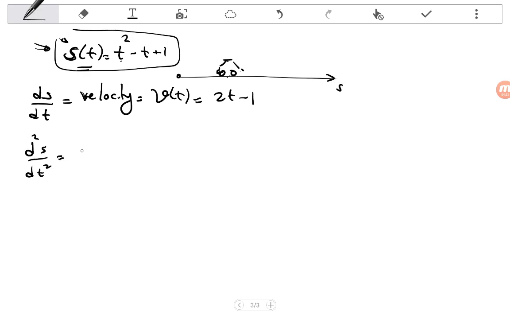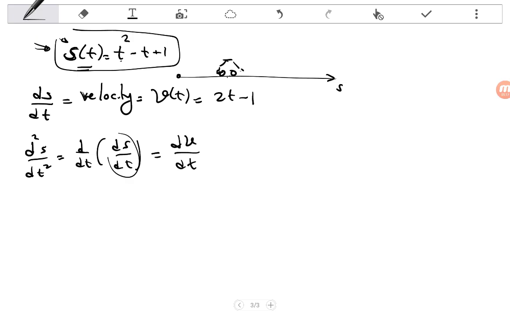Acceleration. Yes, and this is dv by dt. You have learned the second derivative. It is the derivative of the first derivative. So this is exactly d by dt of ds by dt, and this is the velocity, so that will be dv by dt.